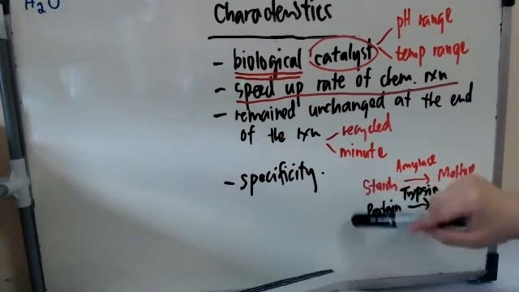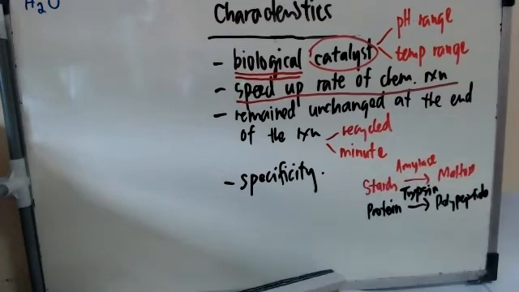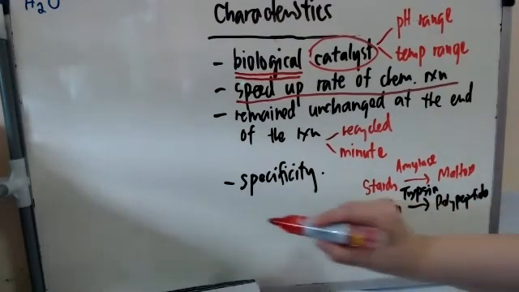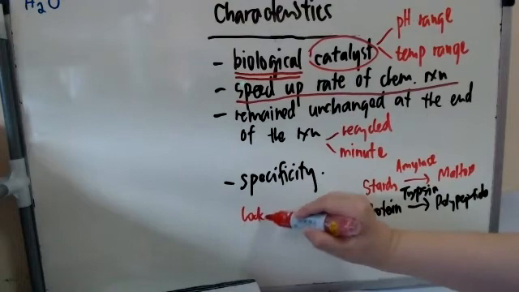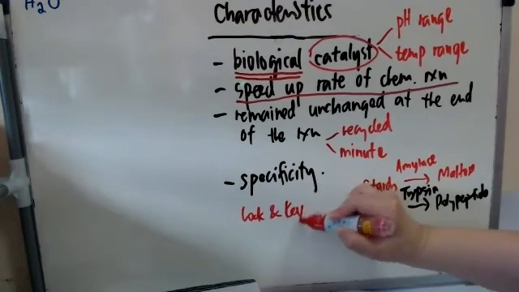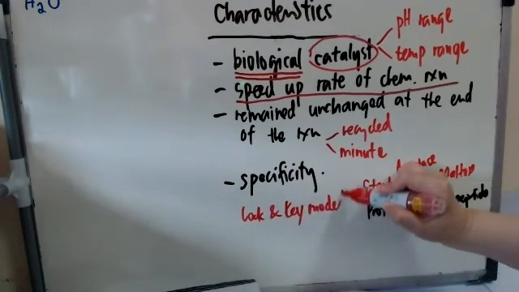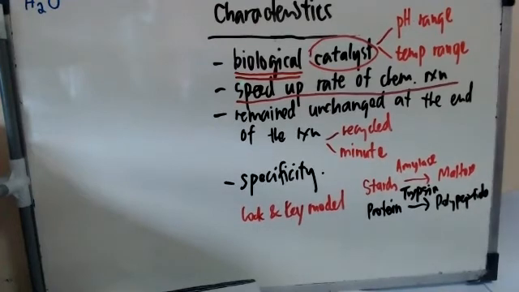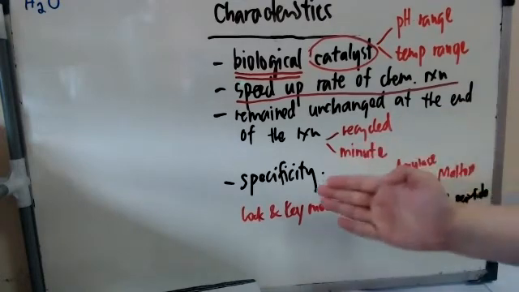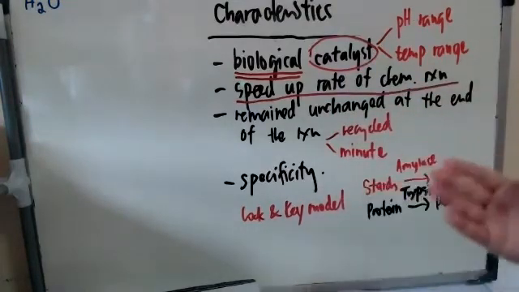So due to this specificity, scientists come up with a model they call the lock and key model. In this lock and key model, they want the students to understand that enzymes are very specific, just like lock and key.